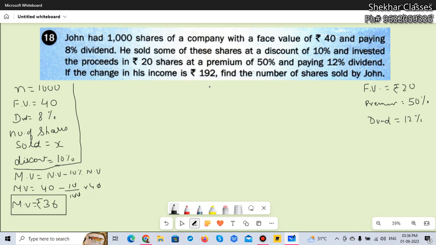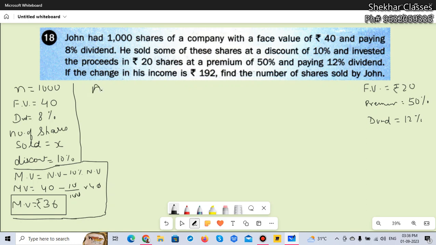This is the market value of the share that he has. He sold some of these at a 10% discount, so this is the market value at which he sold. He sold some of the shares at 36 rupees. What is the total amount that he will get?